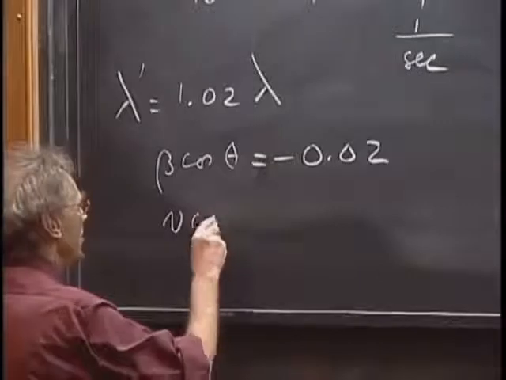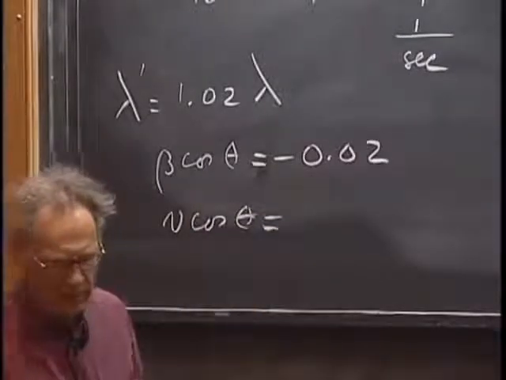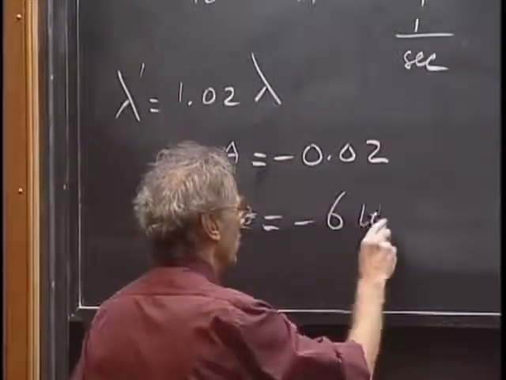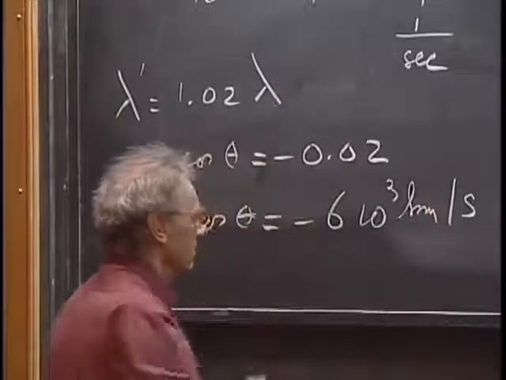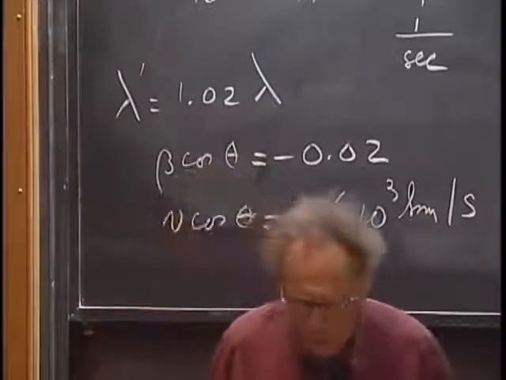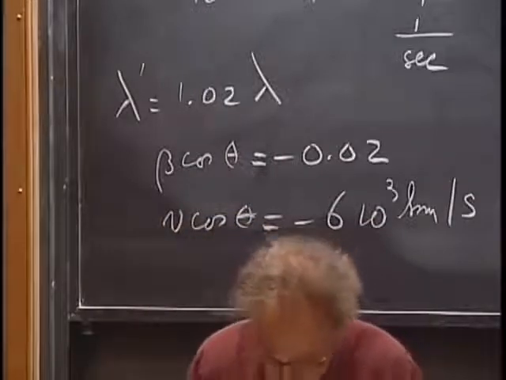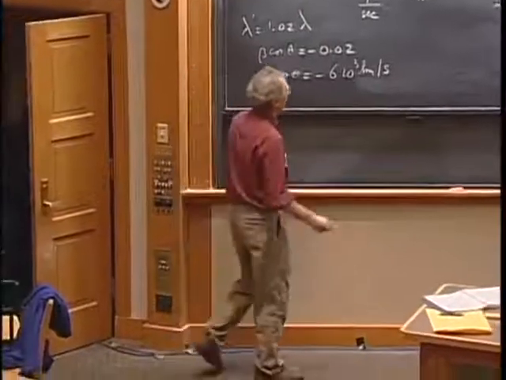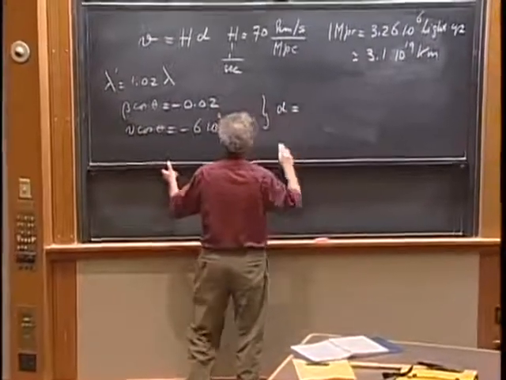And so v cosine theta is this number times the speed of light, which becomes minus 6,000 kilometers per second, receding. So the receding speed is 6,000 kilometers per second, about 2% of the speed of light. If you trust Hubble's law, you can use it to calculate d.